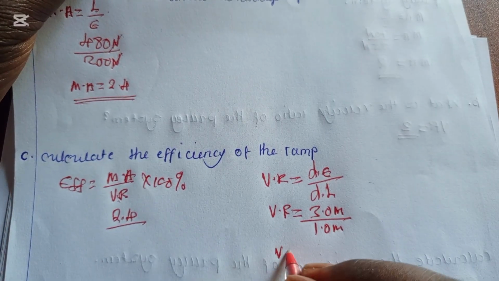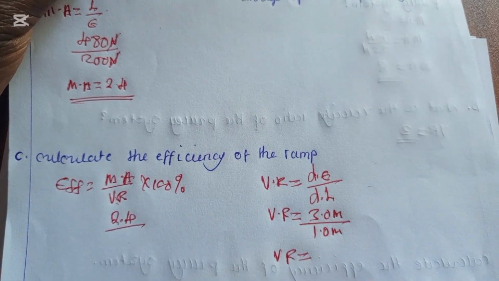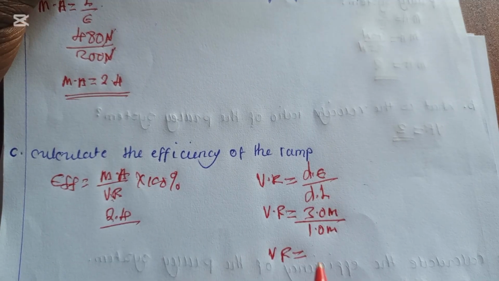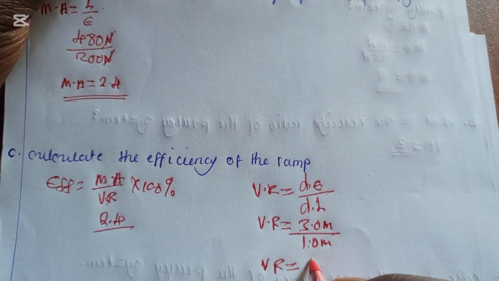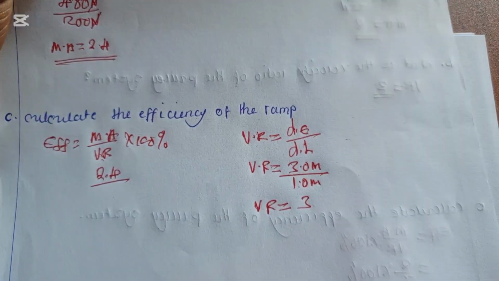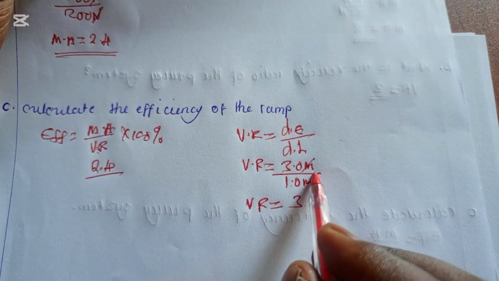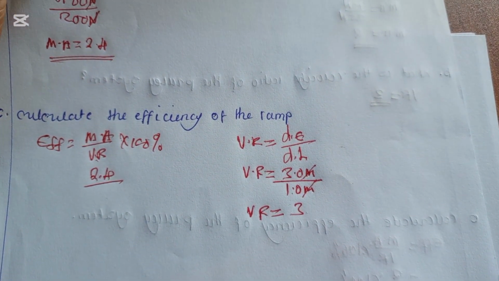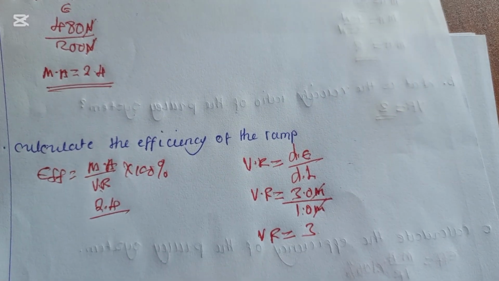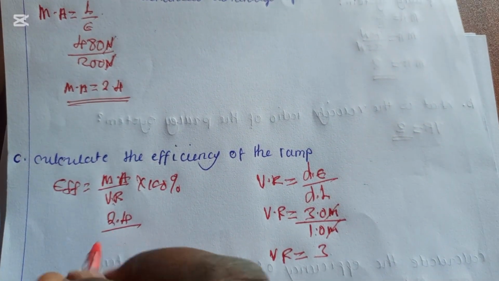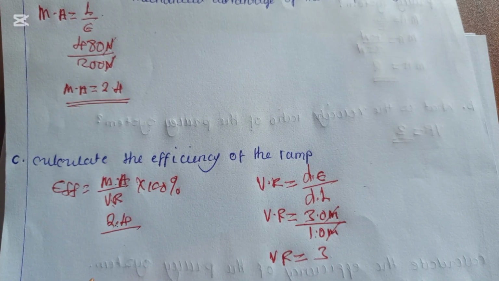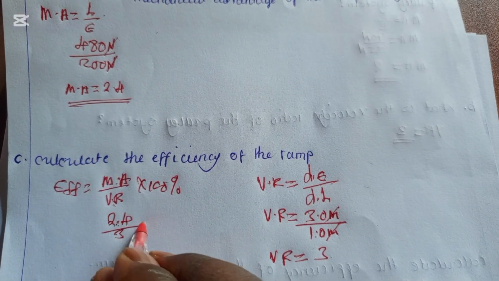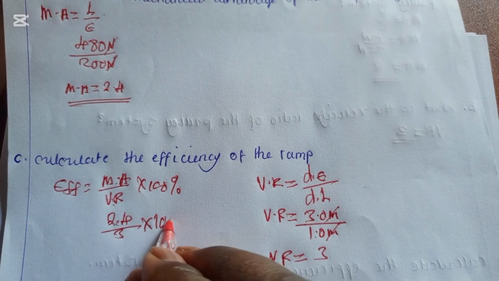So I'll divide now. 3 divided by 1, the answer will be 3. Don't forget that the meters and meters will cancel each other. So VR has no SI unit as well, just the same as mechanical advantage. So efficiency is mechanical advantage 2.4 over 3, times 100%.